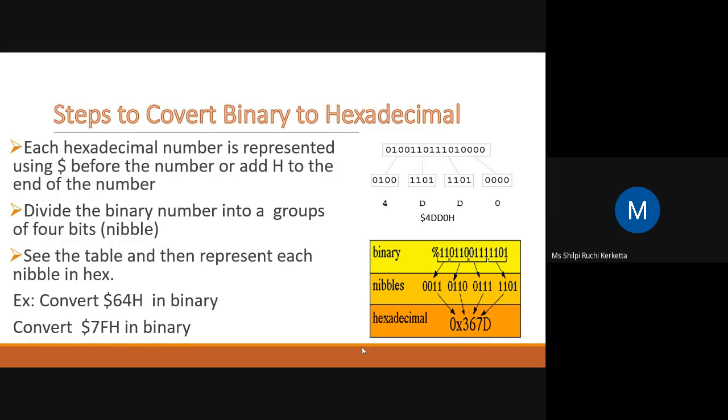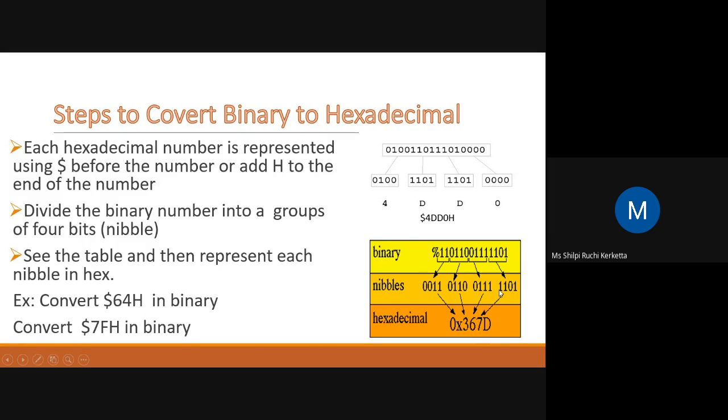Same way, because hexadecimal uses 4 digits, if only 1 is there, we add 3 zeros to make it 4. Whatever is missing, we add to make it a nibble, or 4-bit number.